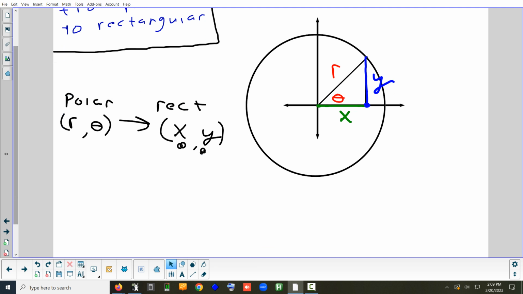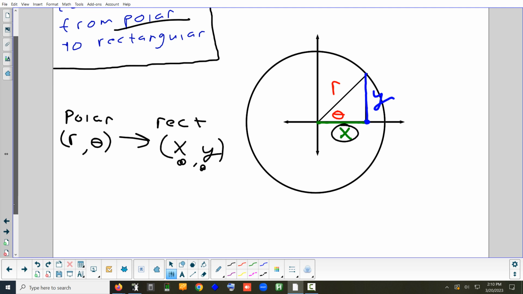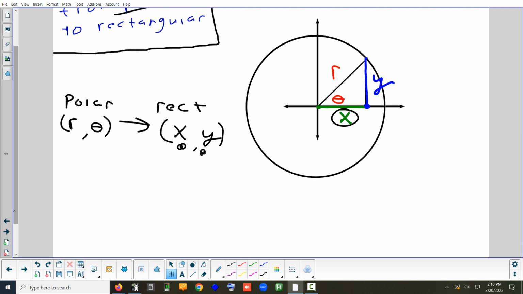Okay. Let's start with the base. Okay. So I want to find that. And remember, the two things that they're going to give you, it's going to be in polar. So what are the two things that they're going to give me in polar? The radius and the angle. So let's look at x. Where is x in relation to that angle?